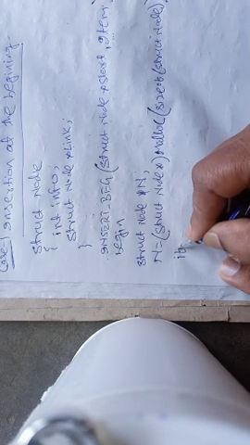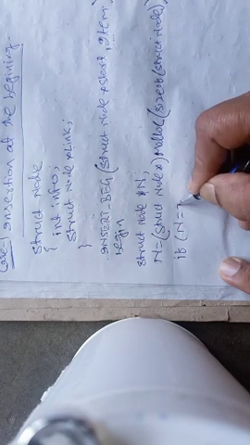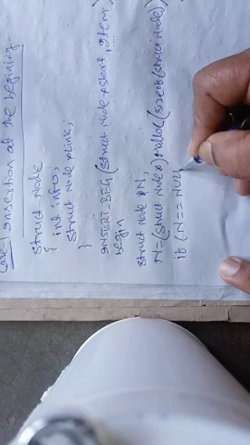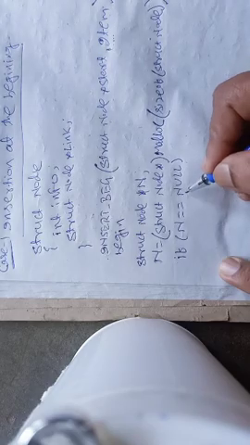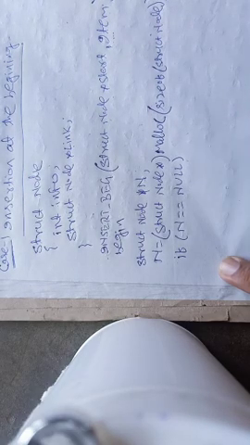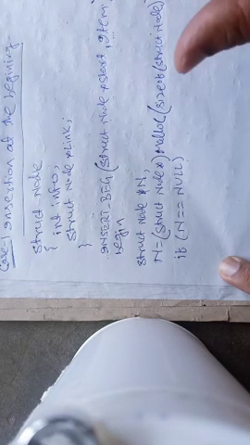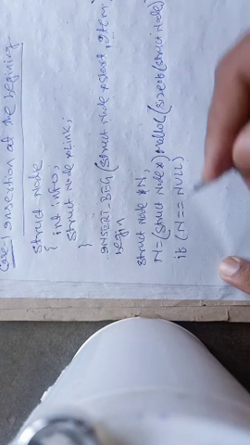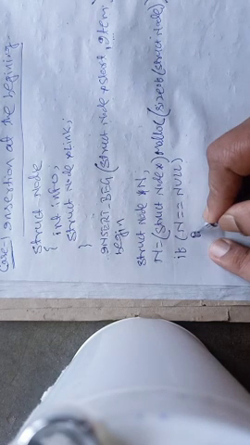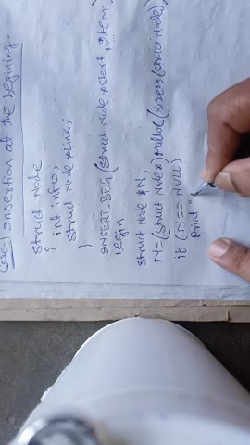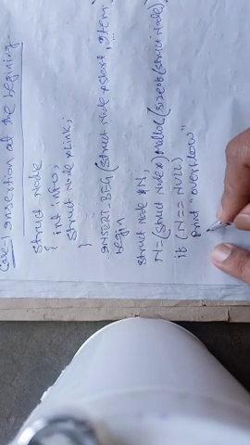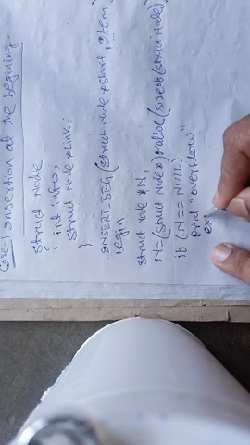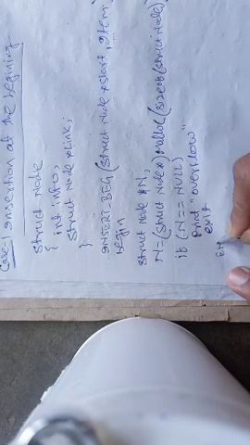So I will write if n equals null. So if the value stored in this address variable n is null, indicating the node is not created, so we cannot insert. I will write here print overflow, and my algorithm will exit.